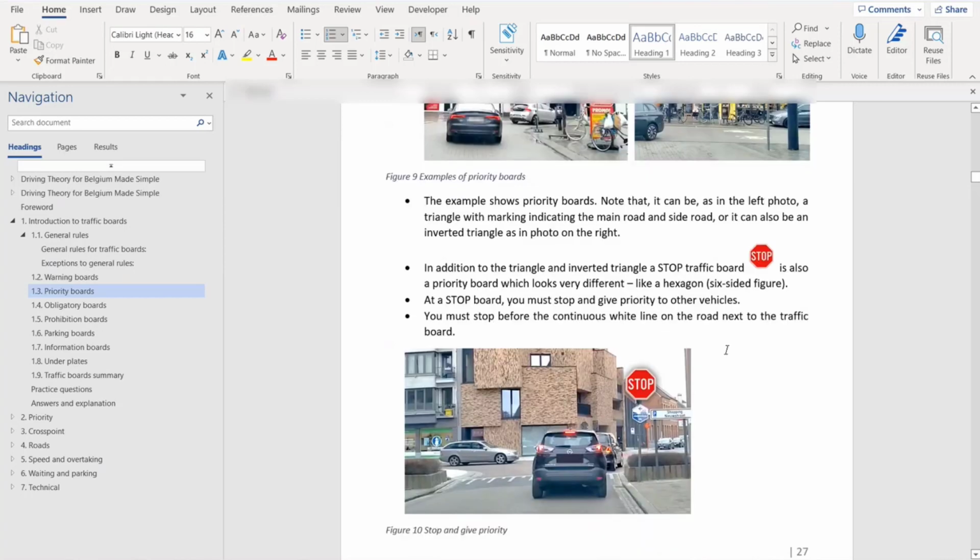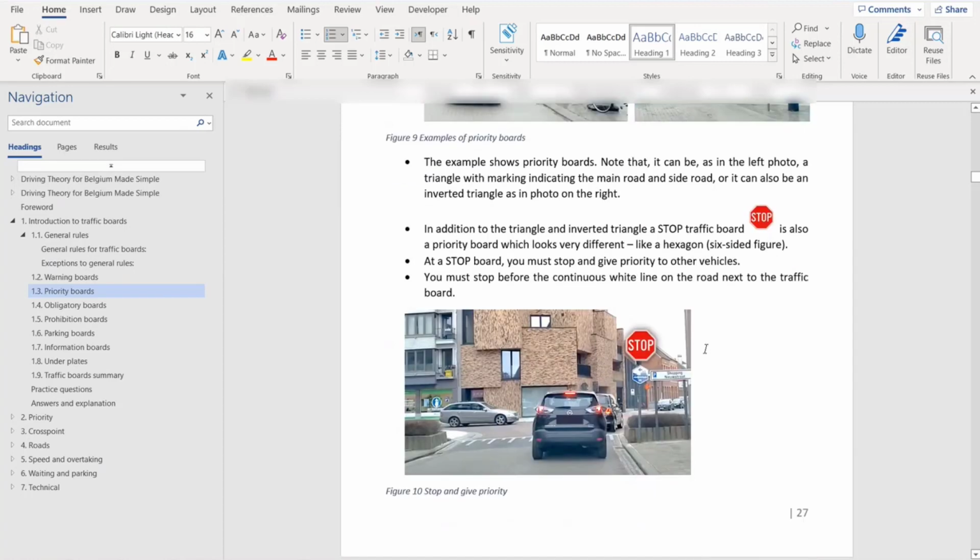So where do you stop? You either stop at the white line. So in this case, white line on the road. In this case, there's no white line, so you will stop before the board, right? It's not that you stop after the board. You must stop before the board. But once you have stopped, full stop, you can proceed slowly and make sure that the vehicles are not coming and then make your turns or cross the junction.